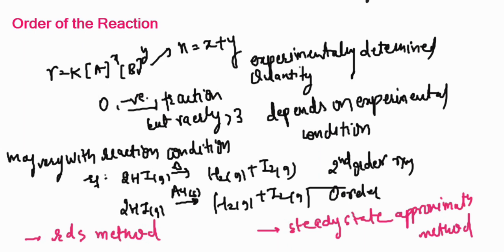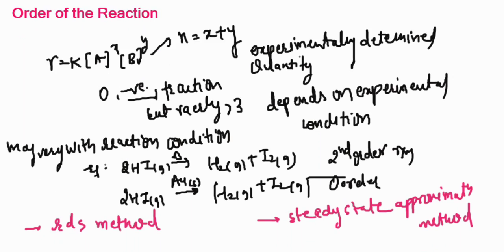Now let's come to the molecularity of the reaction. What is the molecularity of the reaction? Simply, molecularity is the number of reacting species, whether atom, molecule or free radical.